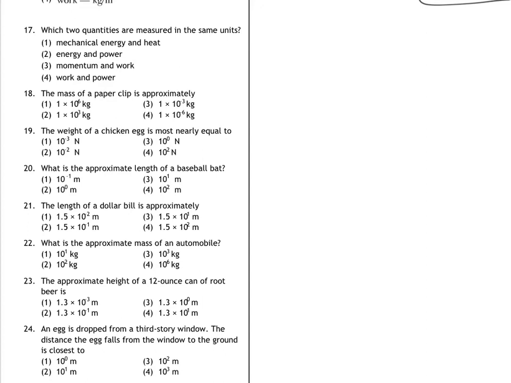Choice 1 actually says mechanical energy and heat. Heat is actually another kind of energy. So what they're really saying in choice 1 is two different energies, so it's definitely choice 1. And I'm just glancing through to the end. It looks like 18 to 24 are all estimations, so bear with me on this.